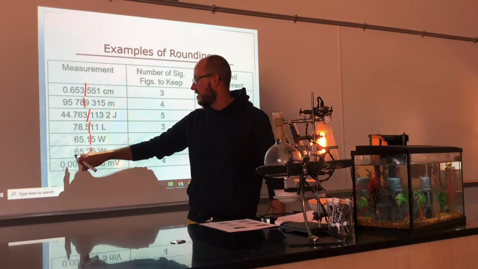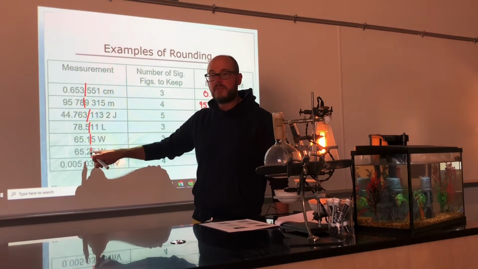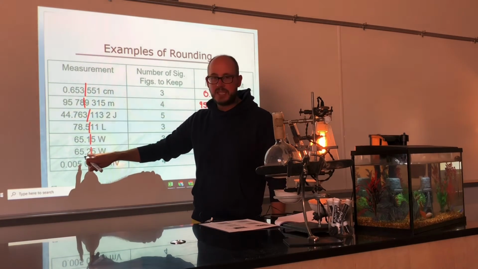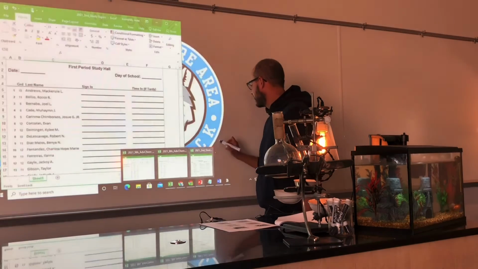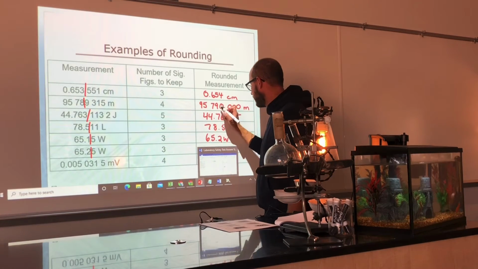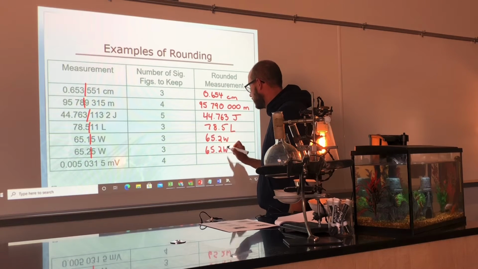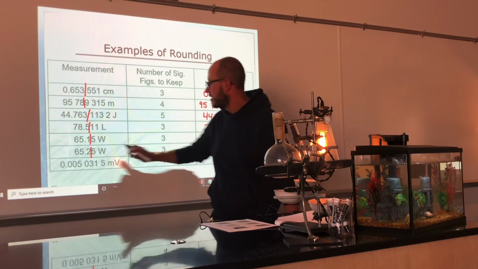In this one, we have 65.25. The 5, again, exactly 5 means we have to round this to the even number. 2 is even, 3 is not, so we'll leave it at 65.2 watts.